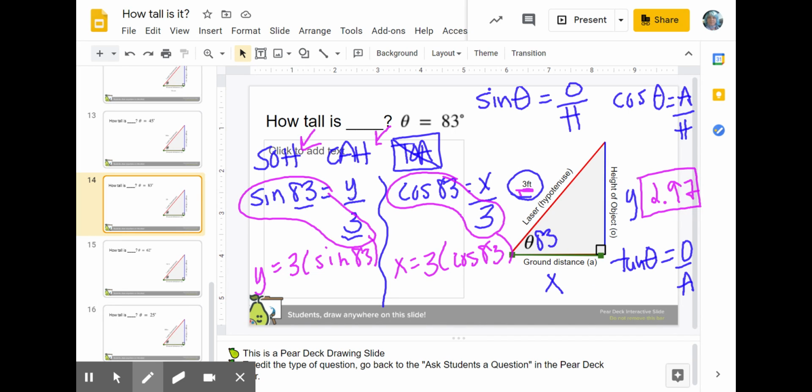What do we get for the ground? It's going to be super short. It should be something different because you want to do cosine instead of sine.